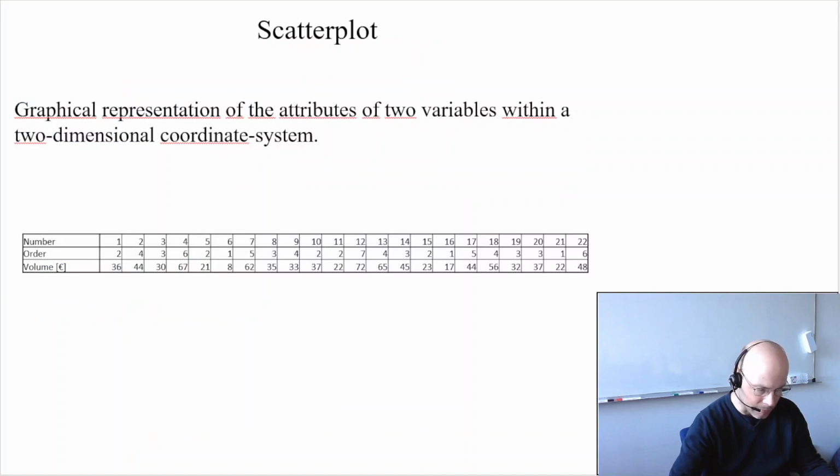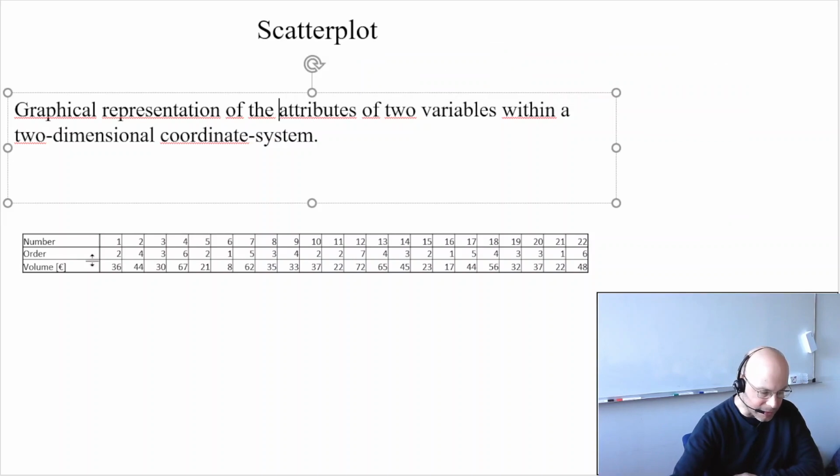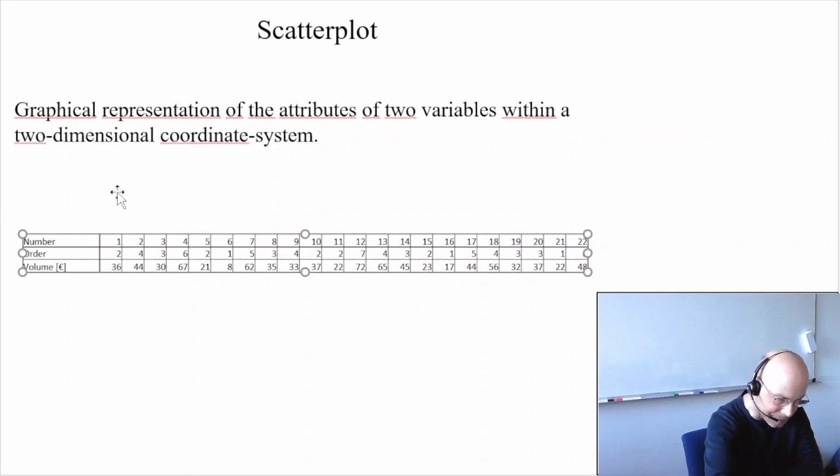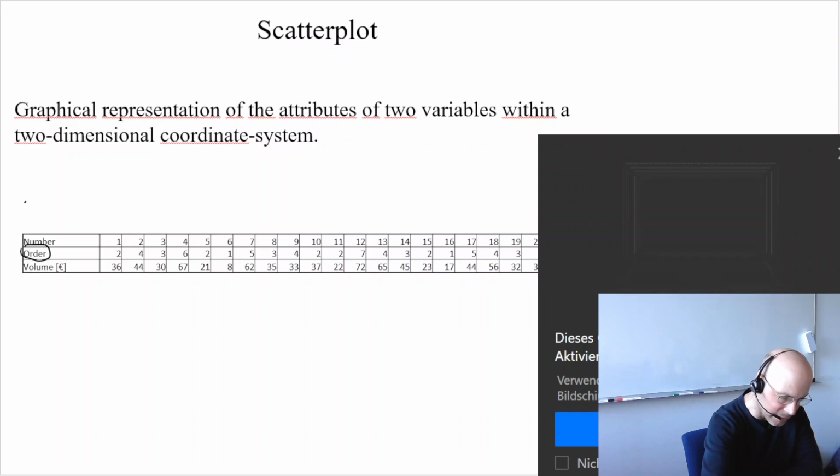Okay, well, I think you already have seen this many times. In general, we have some data and maybe we have two variables, and for these two variables we measured some different numbers. Here in my example, it is the number of orders and the volume of the revenue we made in euros.